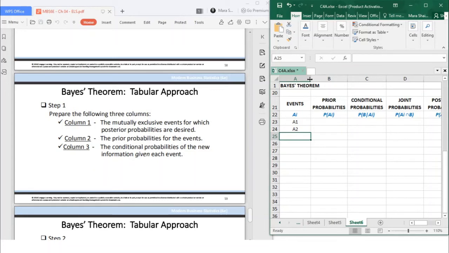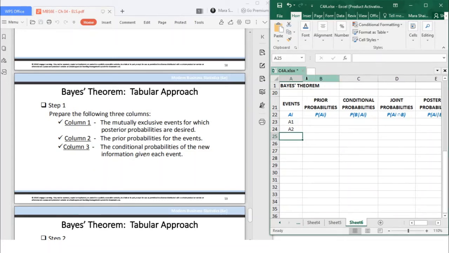Now, your next column is the prior probabilities of the event. So, pila to imong prior probability sa A1 o sa A2? In this case, si A1 is 65%, while si A2 is 35%. Now, our third column contains the conditional probabilities of the new information given each event.